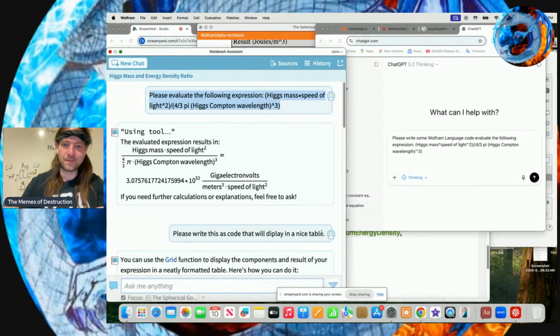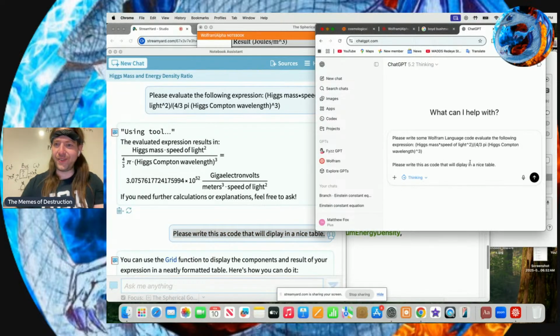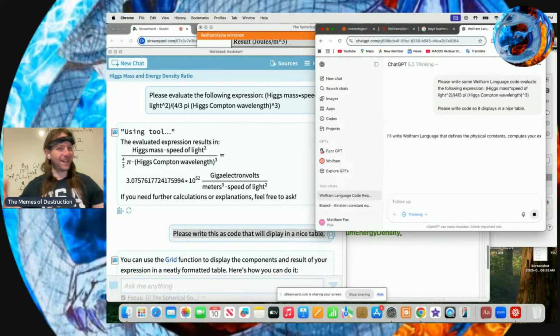Now, please write this code in a nice way, so it displays in a nice table. Okay, let's see.